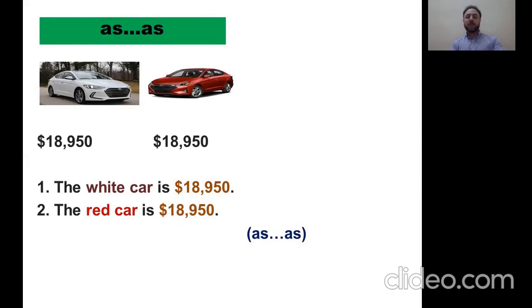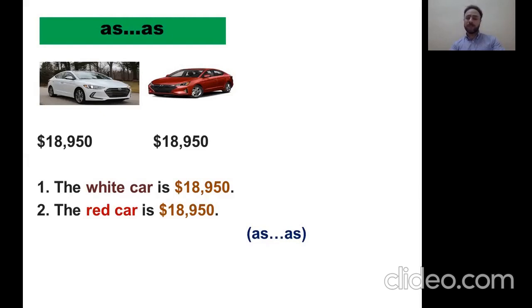We need to come up with an adjective which is used to talk about the price. As we know, we have two adjectives that we can use to describe the price: expensive and cheap. But if we look at the price, we'll find that the two cars are expensive.